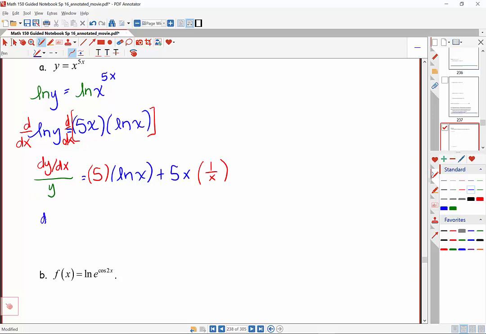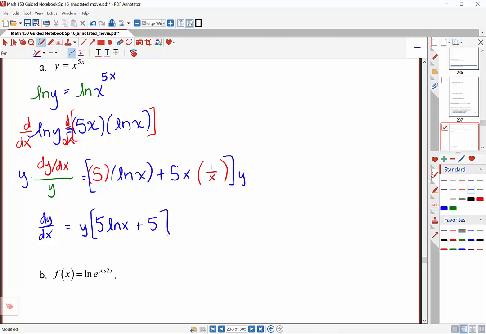All right? So moving right along, we will have dy/dx. Now if I multiply both sides by y, I will have dy/dx is equal to, I'll bring the y to the front over here, and then we're going to have 5 times natural log of x plus 5.